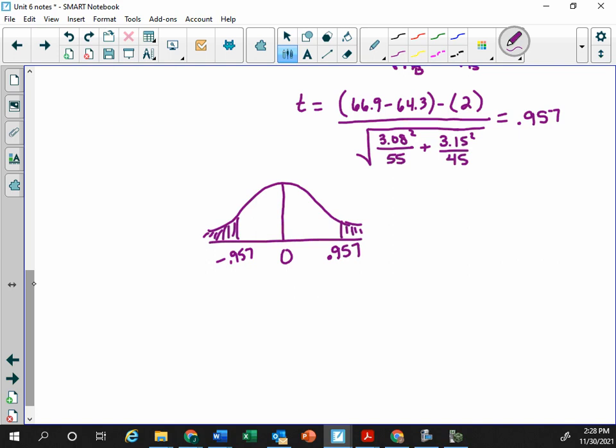So how do I find the area of one of the tails? What do I use? We used normal CDF on the other one, but this isn't a Z distribution. So what do you think? Yes, there is a tcdf, guys. So I'm going to do the positive one just because that seems easier to me and I don't have a negative to deal with. So 0.957 to infinity.